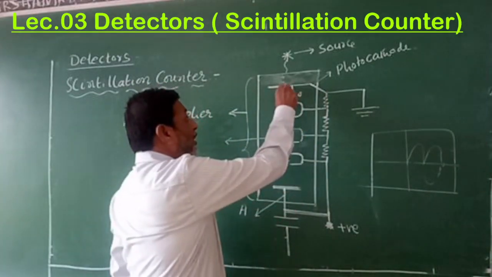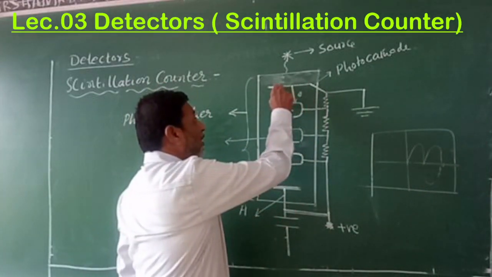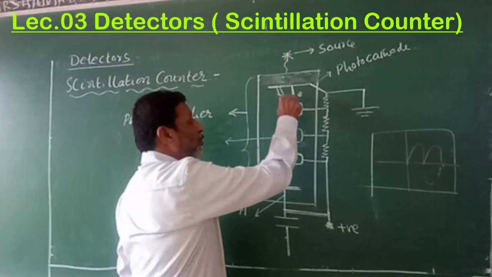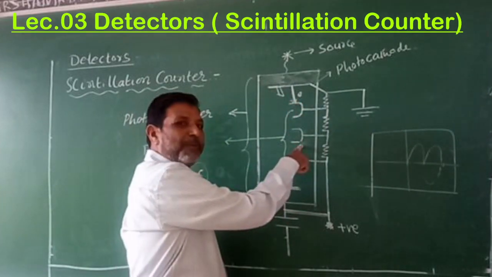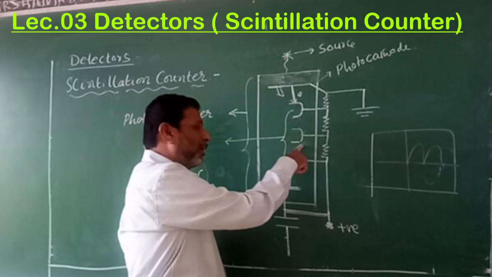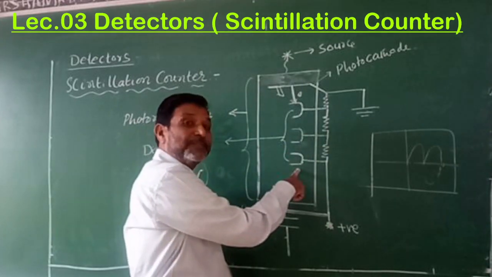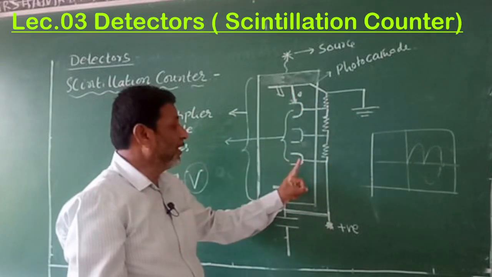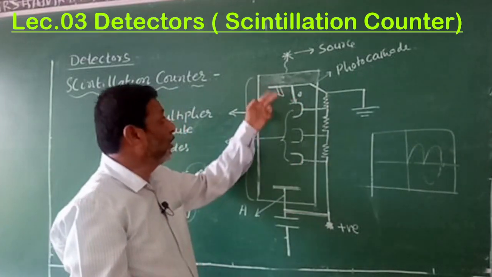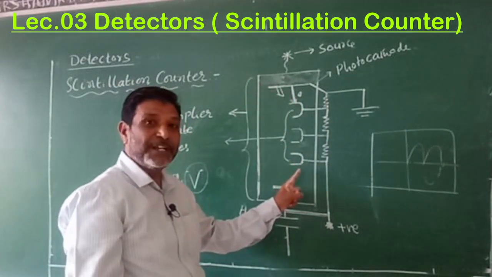Next, suppose 2 electrons are released from this photocathode, then here you will get 20, multiplied by 10 that is 200, and here you get 2000, isn't it? That means if one electron is released here, you get 1000. If 2 electrons are released here, you get 2000.